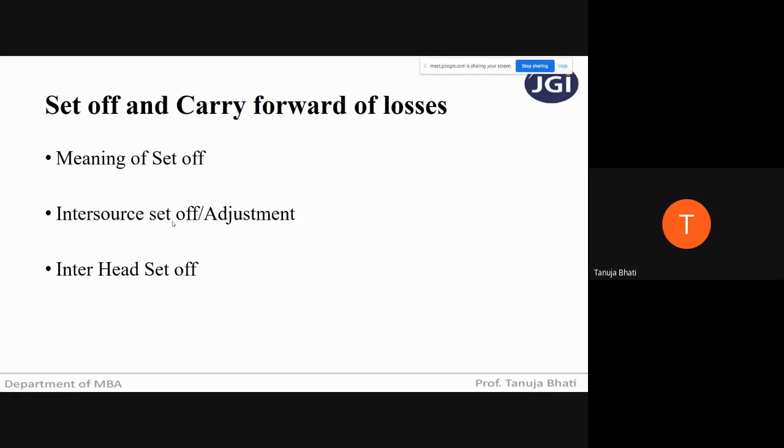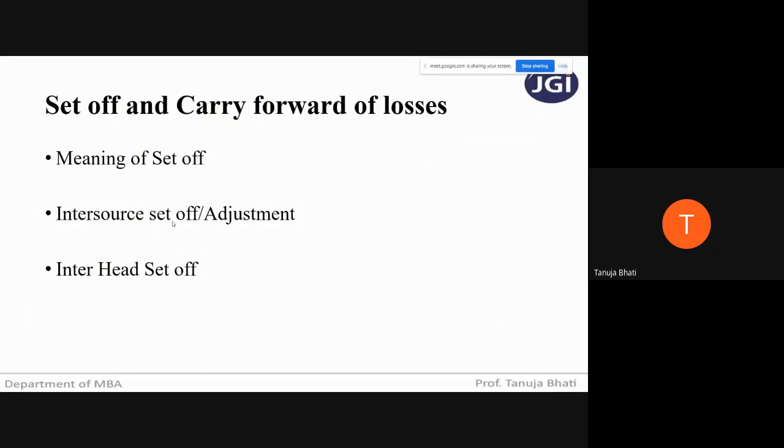So loss from a speculative business can be set off only against profit of the speculative business. It cannot be set off against income or gain from non-speculative business. So just remember, loss from speculation business can be set off only against gains of speculation business.